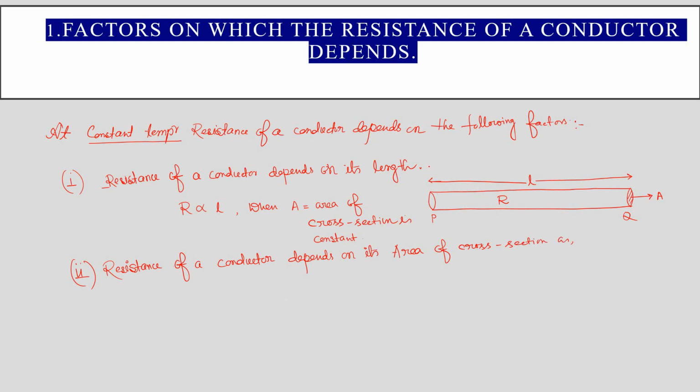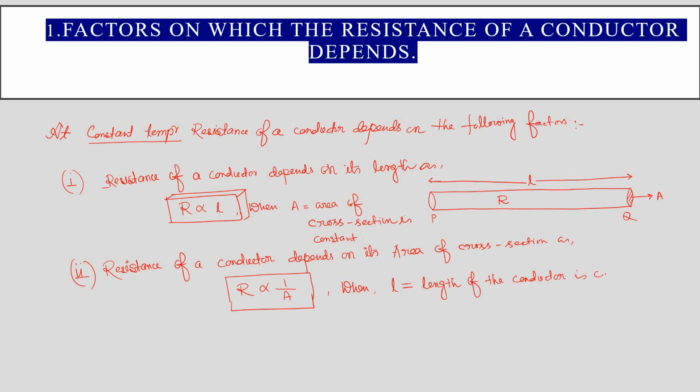Keeping length constant, we can write it as R proportional to 1 by A. That is, resistance of a conductor is inversely proportional to the area of cross section, when the length L of the conductor is constant.